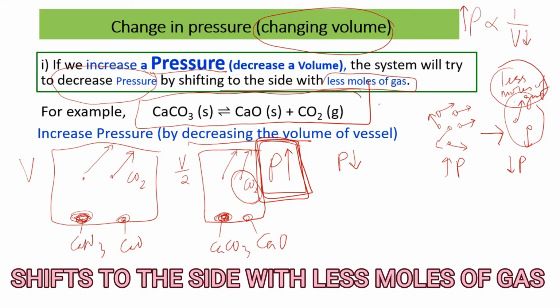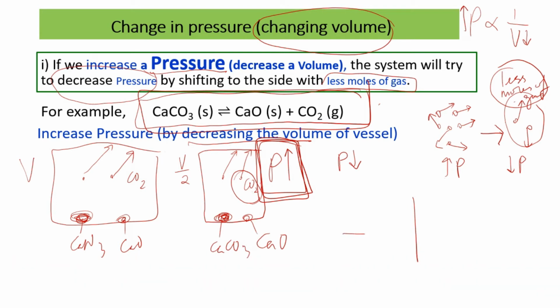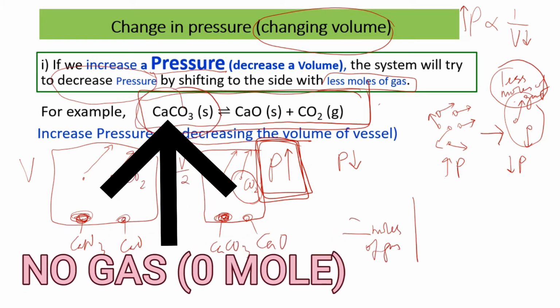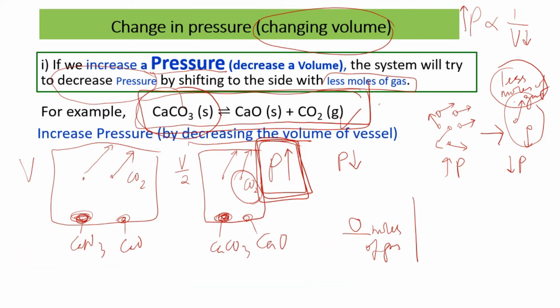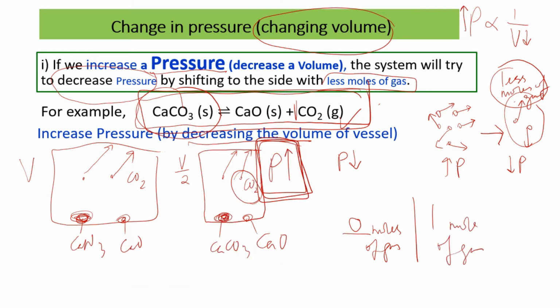Okay, let's look at this equation. If we have the left hand side, how many moles of gas? Okay, there's no gas here, so 0 mole. On the right hand side, how many moles of gas? This is gas, so 1 mole. So 1 mole of gas. Okay, so which side has less moles of gas? 0 or 1?